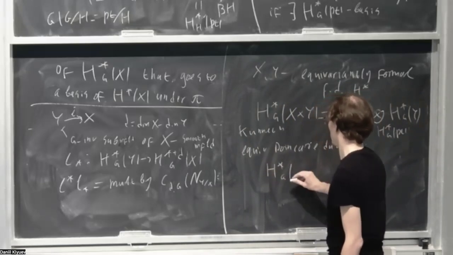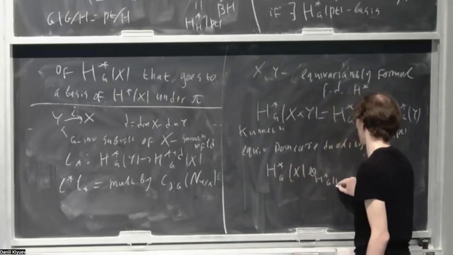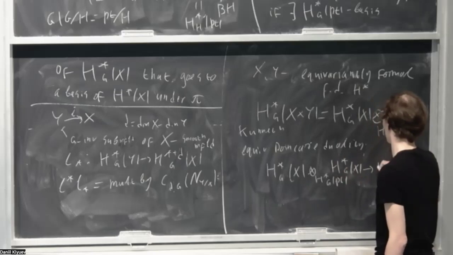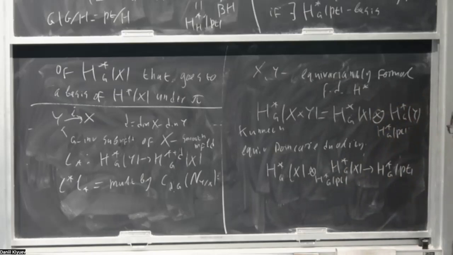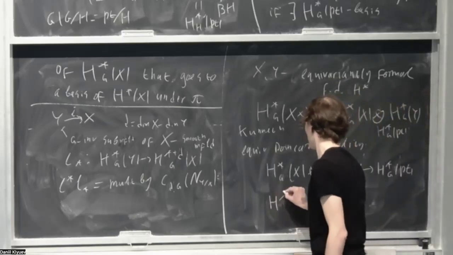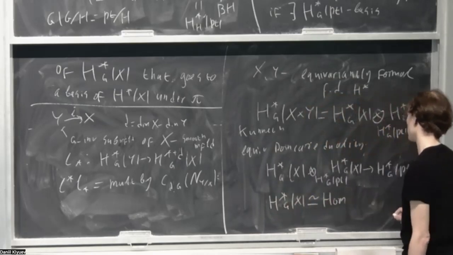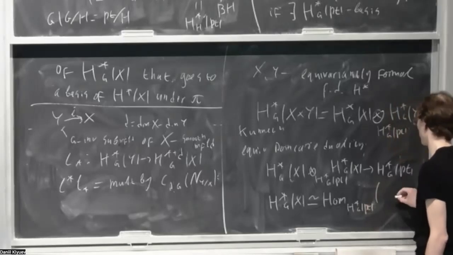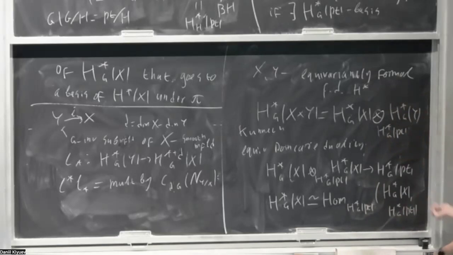So H star G X tensor H star G X to H star G point, in the sense that it gives an isomorphism between H star G X and its dual, but over the ring.